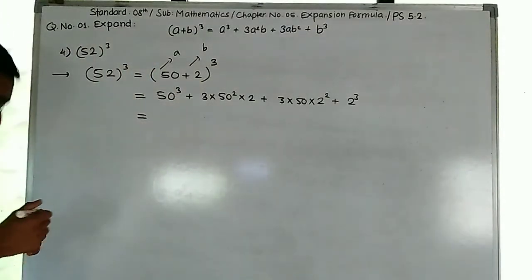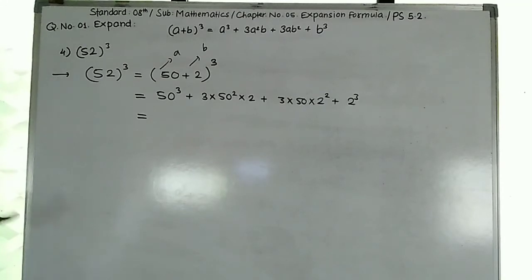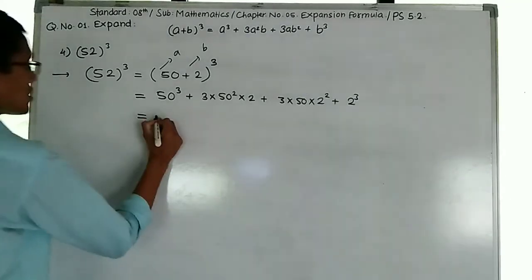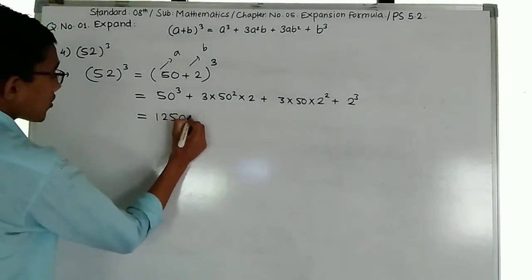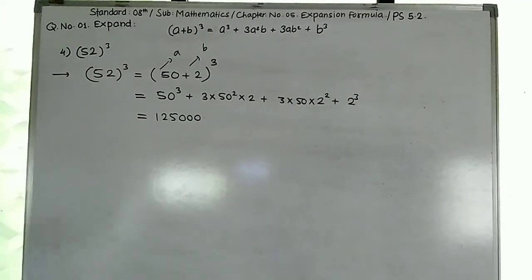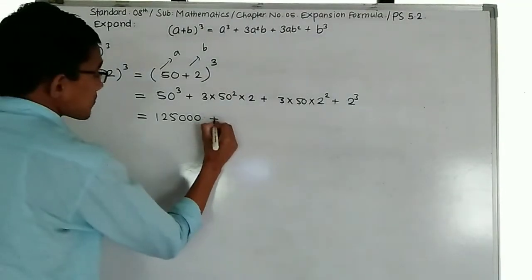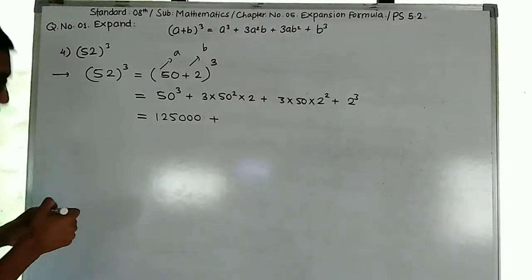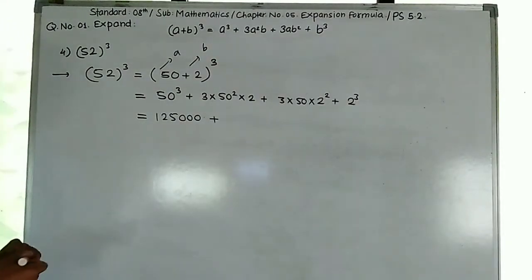What is 50 cube? So 5 cube is, what is 5 cube? 5 cube is 125. So 50 cube is 125,000. Okay, then plus 3 into 50 square into 2. So 3 into 2 is 6. And what is 50 square? It is 2500. So 2500 into 6.